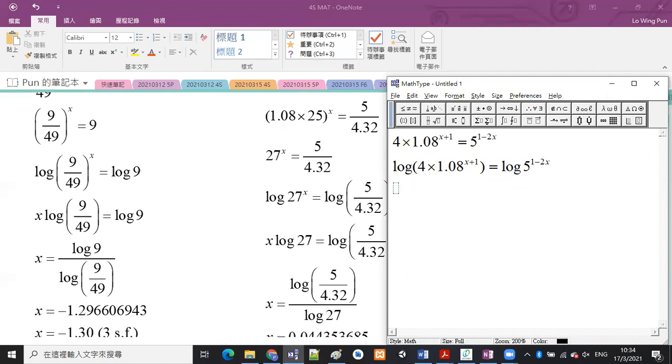And then on the left-hand side, we have log m times n. So it becomes log m plus log n. So it is log 4 plus log 1.08 to the power x plus 1. Okay? And then on the right-hand side, the power 1 minus 2x can be brought to the front of the log.